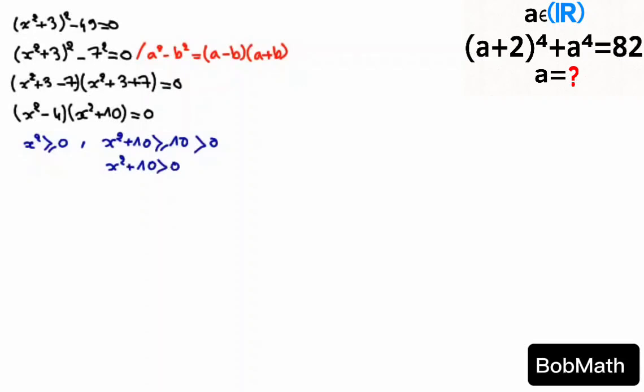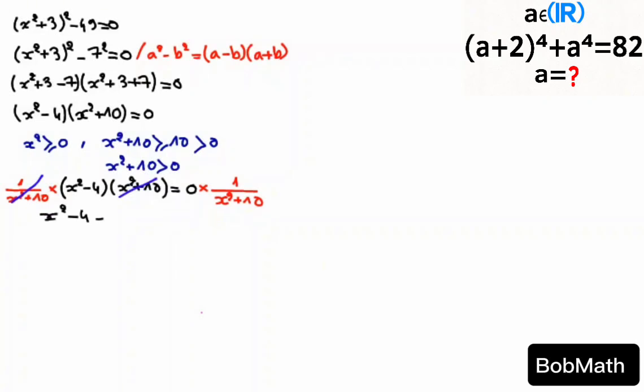Now we multiply this equation by 1/(x^2 + 10). So we got 1/(x^2 + 10) times (x^2 - 4)(x^2 + 10) = 0 times 1/(x^2 + 10). Now we simplify the factor x^2 + 10. So we got x^2 - 4 = 0. Therefore x^2 - 2^2 = 0.